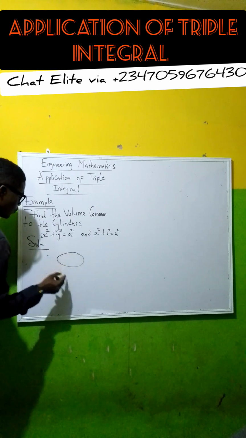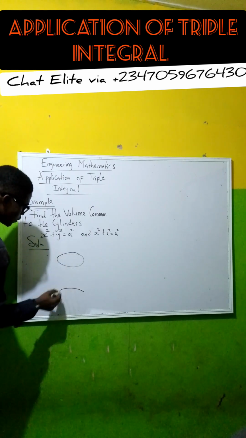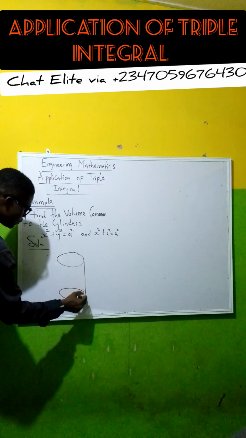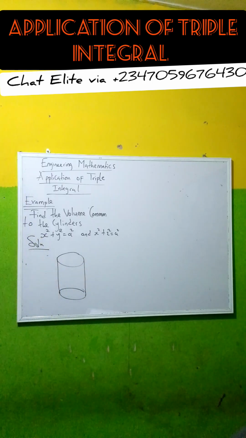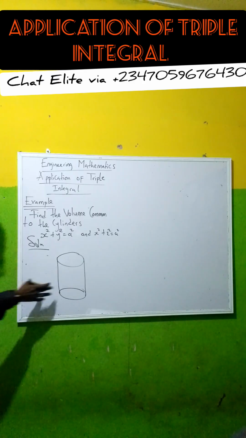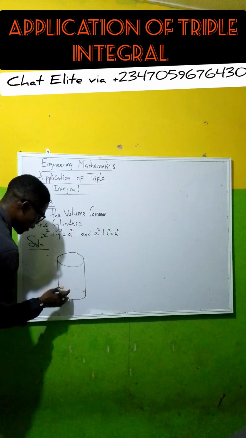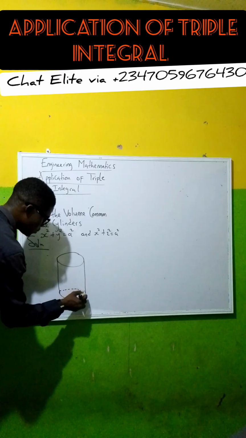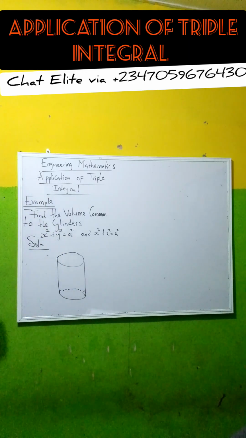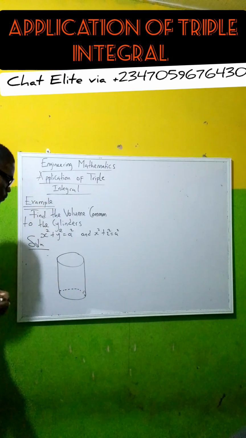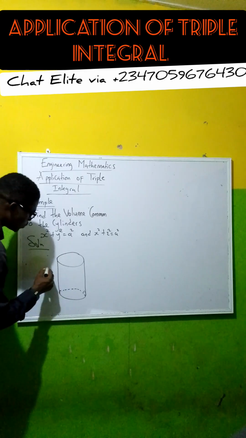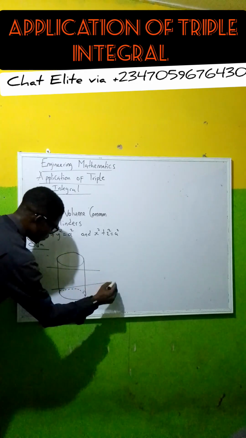We are having our first cylinder here. This is our first cylinder, alright? So I can use this one as a breaking line. Remember, we're having two common cylinders, so the other cylinder goes this way.